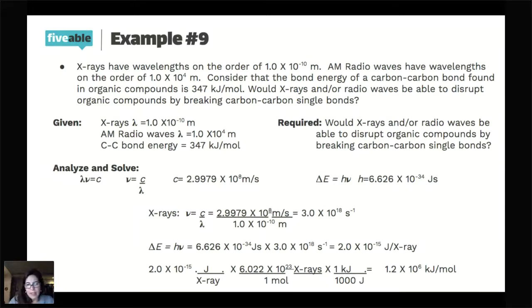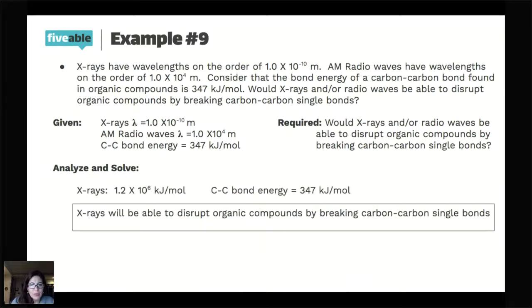Now that we have kilojoules per mole, it's easy to compare to the carbon-carbon single bond energy. Since the energy emitted with X-rays in kilojoules per mole is much, much larger than the energy of the carbon to carbon single bonds, we can conclude that X-rays will be able to disrupt organic compounds by breaking carbon to carbon single bonds.